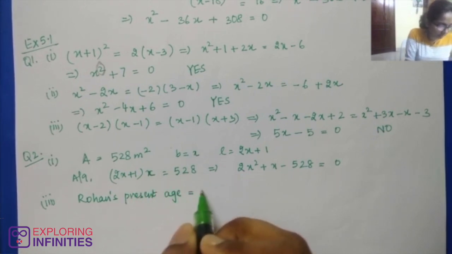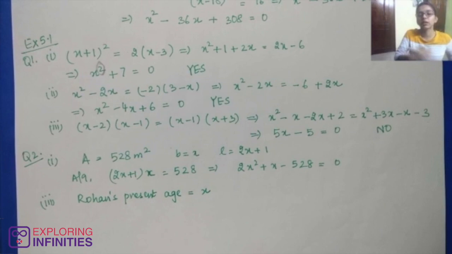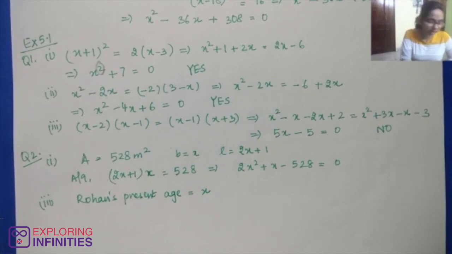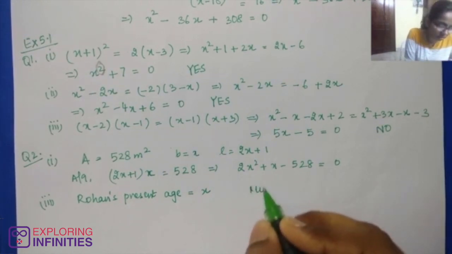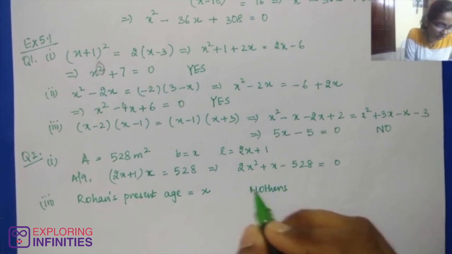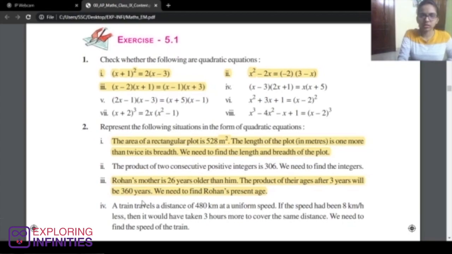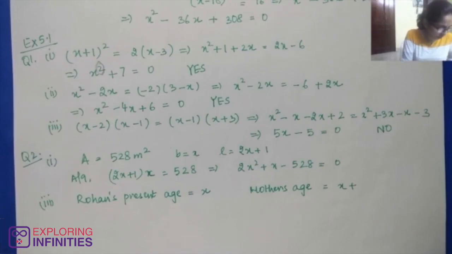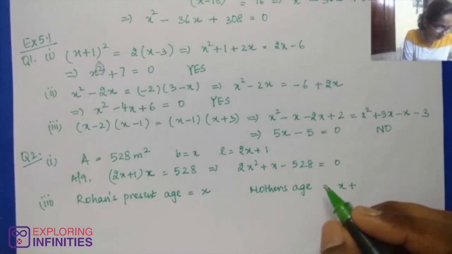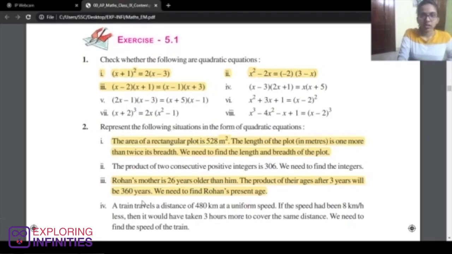So if Rohan's present age is x, the question says that his mother is 26 years older than him. So we have his mother's age as x plus 26. Okay, so we have x plus 26.